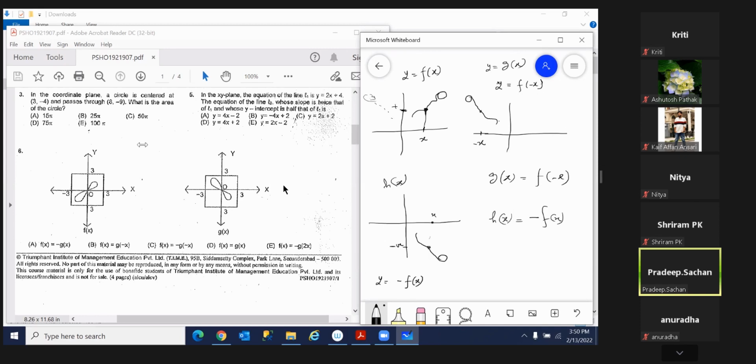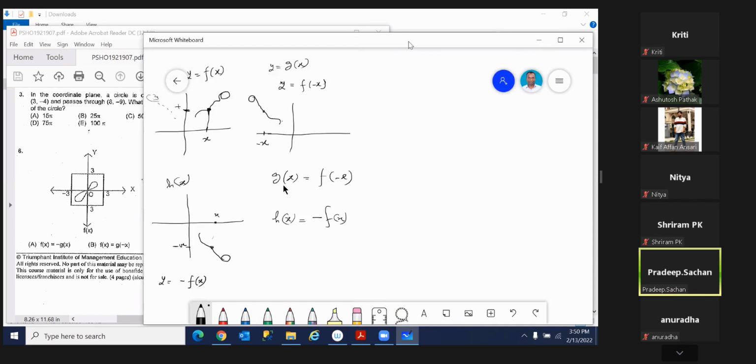And they are asking a question on a similar concept. So you need to just see where you have put the mirror. Can you tell me, from f(x) to g(x), if I am going, where I have put the mirror?